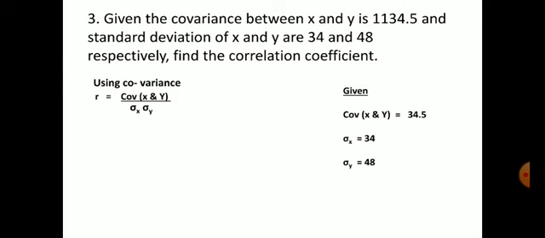But in this problem you can see they have given the covariance between x and y as 1134.5, and the standard deviation they have directly given. The standard deviations of x and y are 34 and 48 respectively. Since they have directly given the standard deviation, there is no need to take the square root. If they have given the variance, then you have to calculate the standard deviation by taking the square root of the variance of x and y.